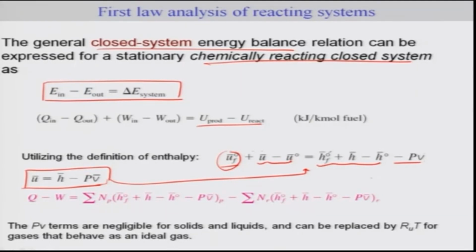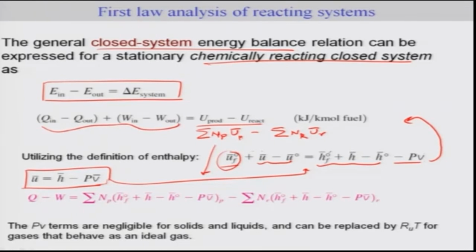Then you can use this expression directly, where U earlier was nothing but the summation of N_P U bar for the product minus the summation of N_R U bar for the reactant.